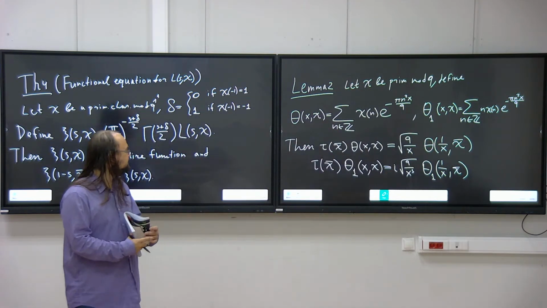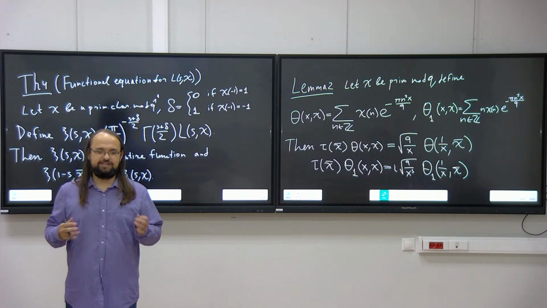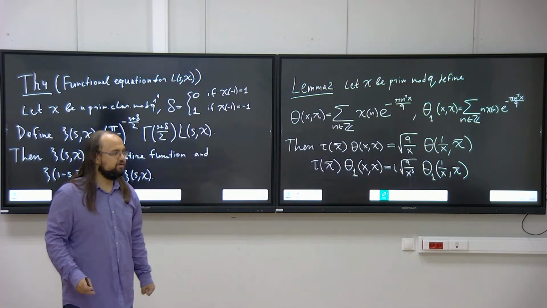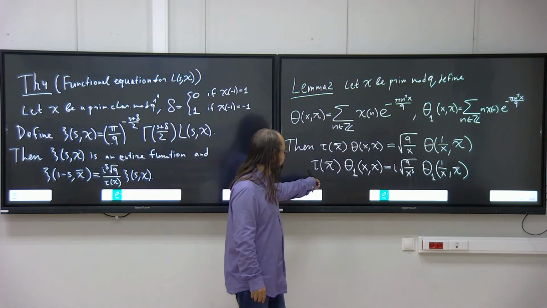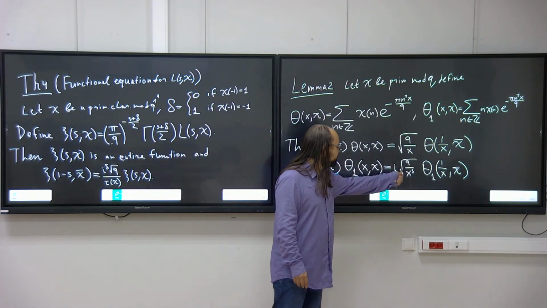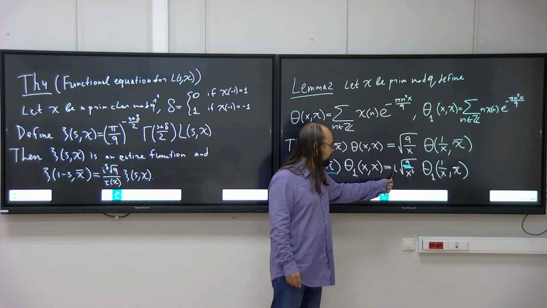So the first function transforms exactly like the theta function, but you get a Gauss sum and the square root of q. The second also transforms similarly, but you get a Gauss sum, you get q, and also you get x cubed and i.